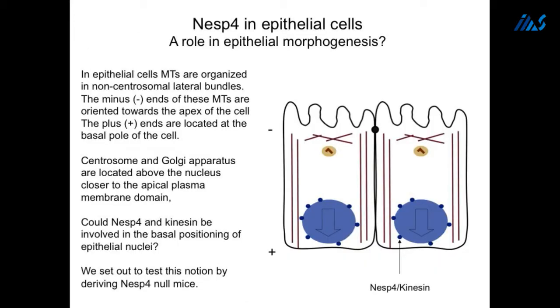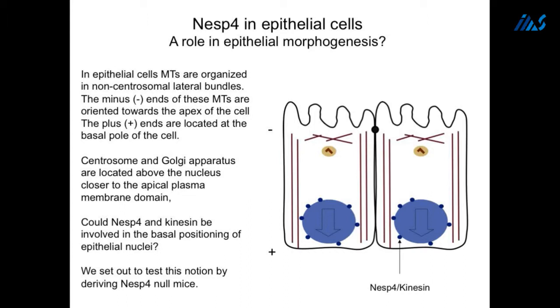So my fantasy for a function for Nesprin 4 was that maybe it has a role in epithelial morphogenesis. Maybe Nesprin 4 is required to move the nucleus or maintain the nucleus at the base of the cell.